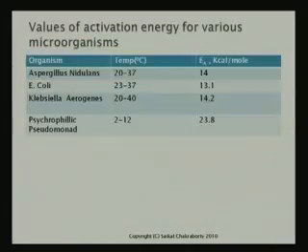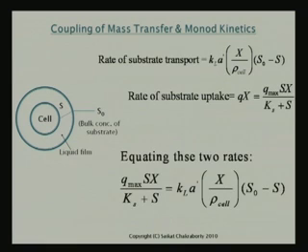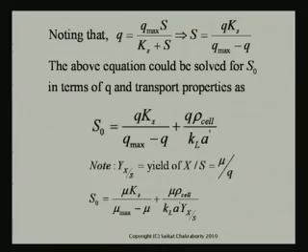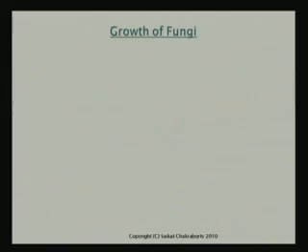Now, apart from the very simple Monod growth model, what else did we study? We studied the effects of mass transfer, which is valid here again, and we can apply these same techniques, and we can come back and talk about this at the end of this lecture.